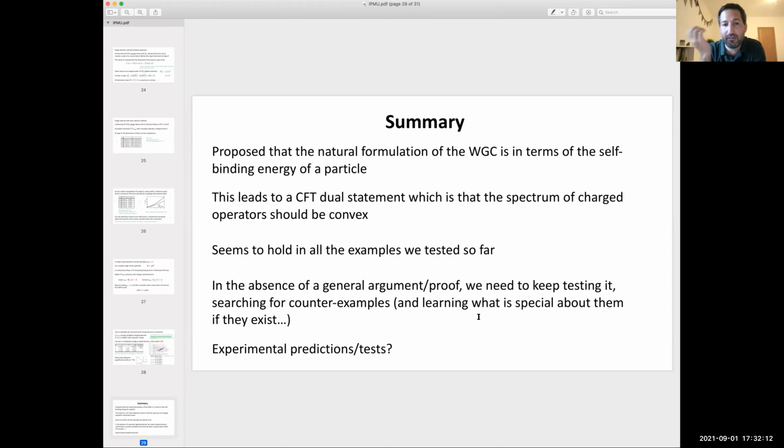In the absence of any general argument or proof of this, we need to keep testing it, or try to prove it. If we keep testing it, we should look for counterexamples to it. And if we do find counterexamples, try to understand what is special about them, and learn more about convexity. I think that's an interesting thing to consider. And I mentioned this tantalizing possibility of experimental tests of the conjecture, which I think is very interesting.